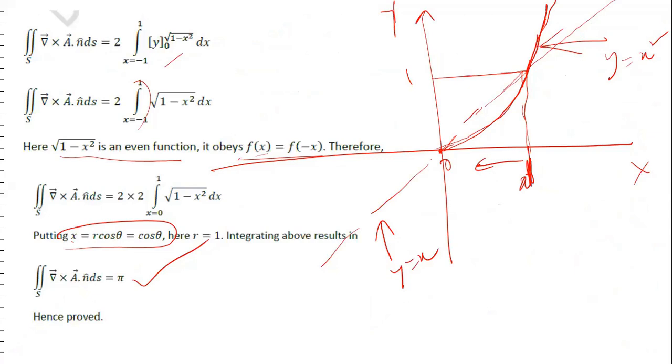Now, we are considering a region bounded by these two. So this is one line, y equal to x. This is another curve, y equal to x square. So the region bounded by these two will be this region. This is the region under consideration for our problem.